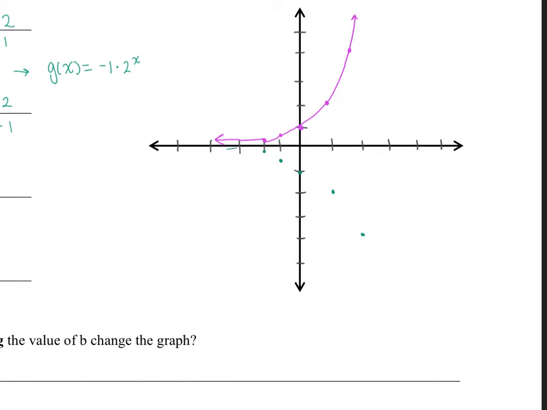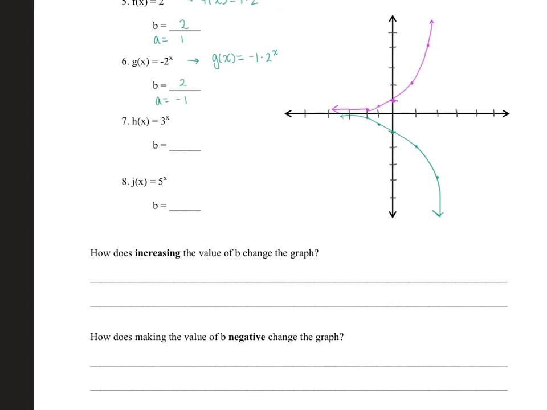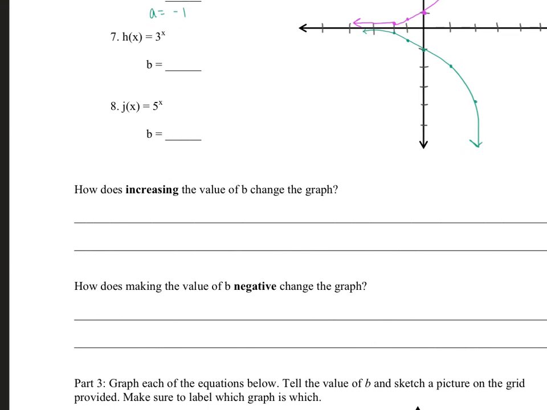Now you can clearly see that this is turned upside down, okay? It's mirroring our original function because it's reflected. It got a negative a placed in front, so it got reflected over the x-axis. So that's really what we can talk about is a negative a.